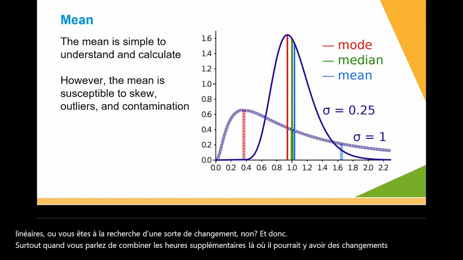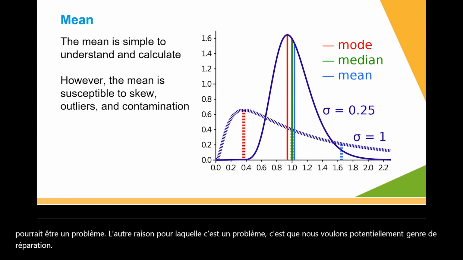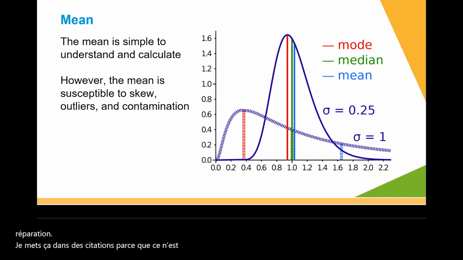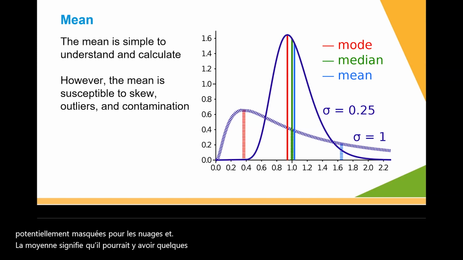The other reason it's a problem is that we potentially want to "repair", and I'm putting that in quotations because that's not really what we're doing, but we're trying to fill in data that's been masked for clouds. With the mean, there might be some wisps of clouds, some small parts of clouds that have crept into our data.